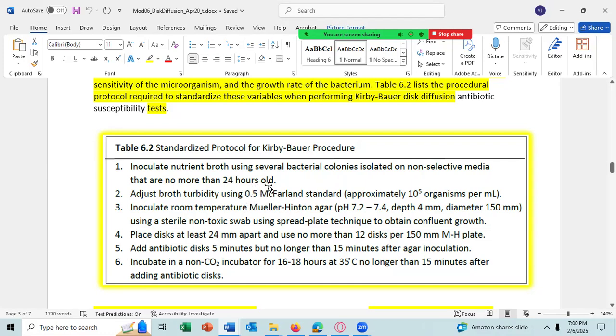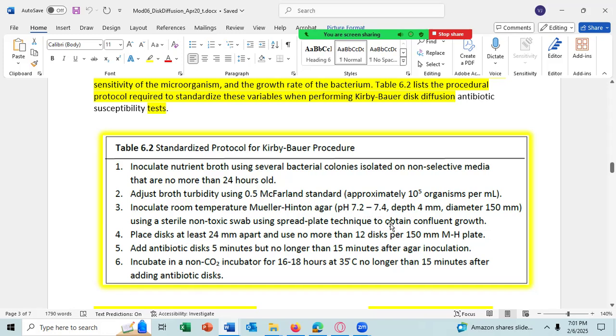You then use that bacteria to inoculate at room temperature a Mueller-Hinton agar plate. Other media can affect the size of the zone of inhibition, so we'll always do this using Mueller-Hinton agar plates. And the pH of the plate should be between pH 7.2 and 7.4. Obviously, a different pH can affect the zone of inhibition as well.